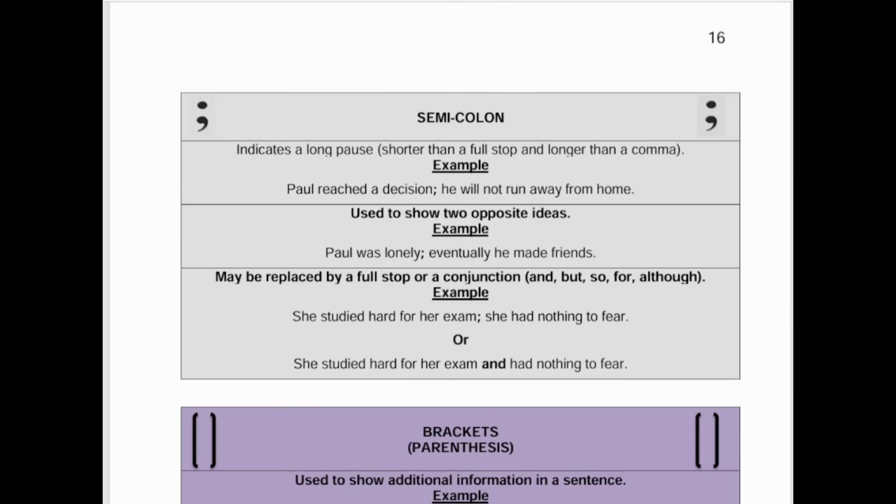She studied hard for the exam and had nothing to fear. So you find that where there's a semicolon, you can also replace it with a conjunction. Paul was lonely; eventually he made friends. Paul was lonely, but eventually he made friends.